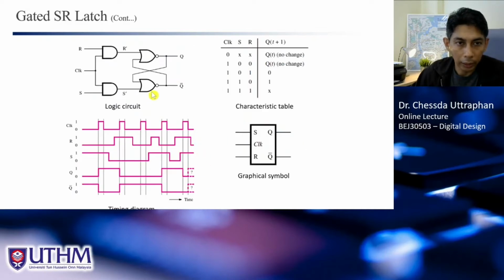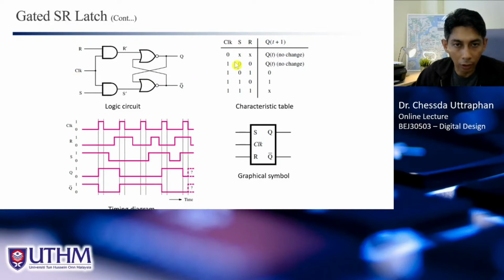And we go to another latch circuit, which is the gated SR latch. Here we have a clock, and this is the basic SR latch, and we have a clock signal here.